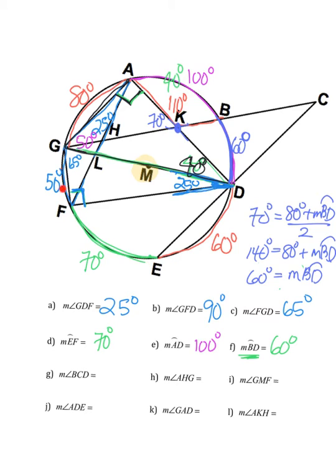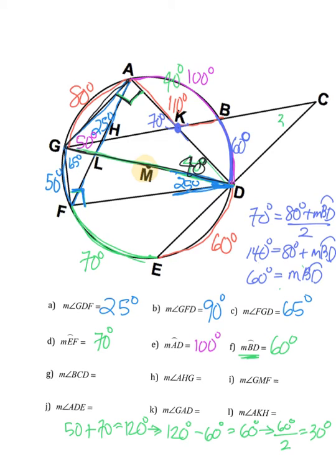This arc is 50 plus 70, and this arc is 60 degrees. 50 plus 70 is equal to 120. So the difference of 120 minus the smaller arc, which is 60 degrees, is equal to 60 degrees. And therefore, half of 60 degrees is 30 degrees.